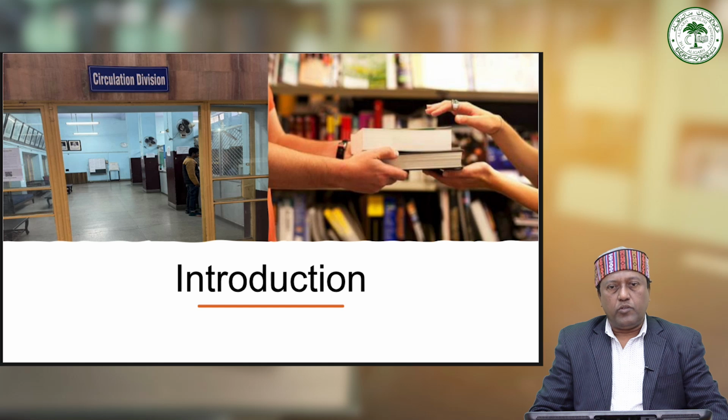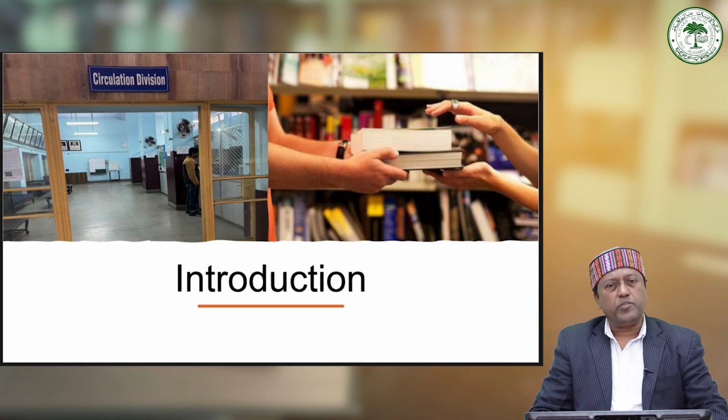So you can see, within the bustling halls of the library, amidst the quiet hum of scholarly activities and the rustle of turning pages, lies the circulation section. A vital nexus connecting the library's vast collection of knowledge with the eager minds of its patrons.